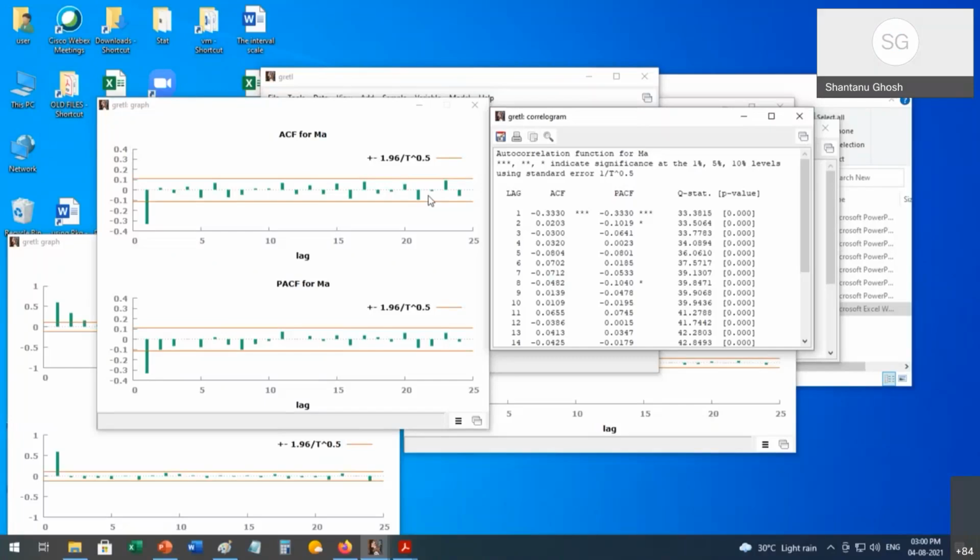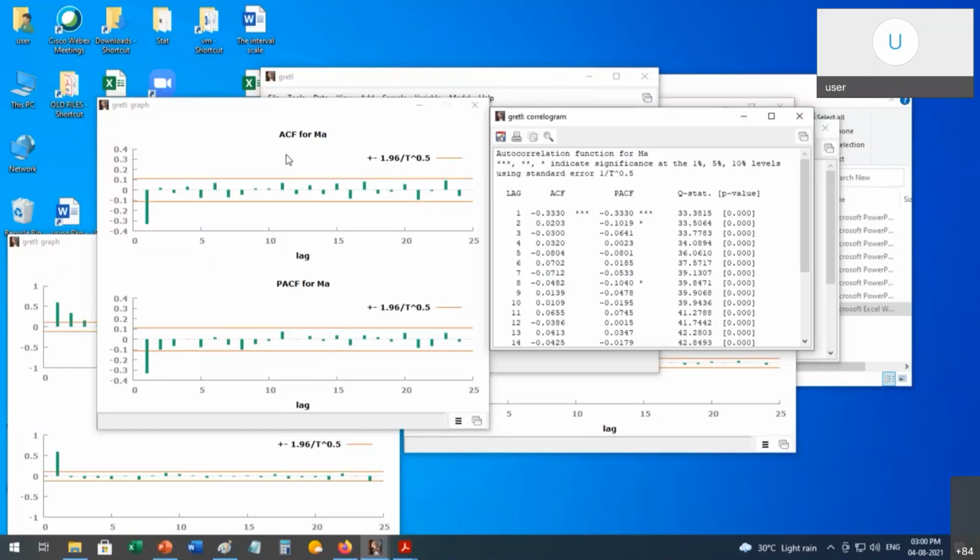Sir, for a process to be called an AR1 process, the ACF has to be fast decaying, and the PACF for an AR process, for an... now see, I shall explain.